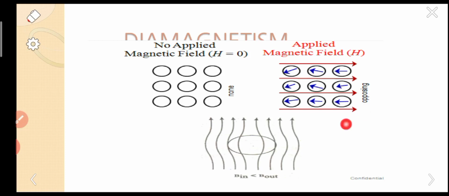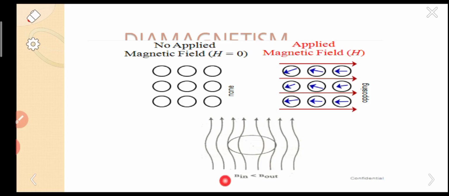So whenever we have applied the magnetic field, the orbital motion of the electrons tends to change. That's why the dipoles are induced, and the induced dipoles are in the opposite direction. As it is opposing the external magnetic field, we can say it is a weak magnetism.